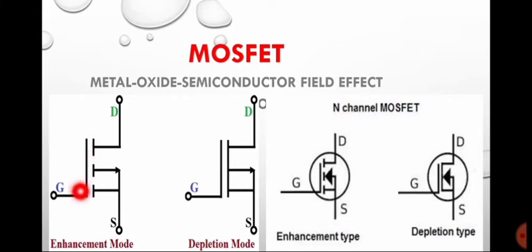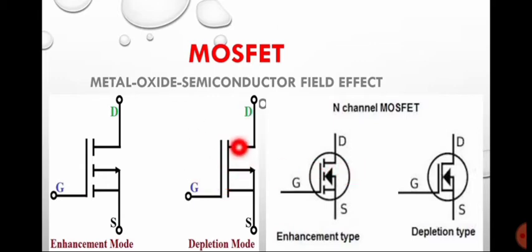The third terminal, you just observe, is insulated from the channel. There is a gap between the dotted line and the solid line that shows the insulation, and that terminal is known as gate. As this gate terminal is insulated from the channel, it is also known as insulated gate field effect transistor. So you just observe the second symbol here.